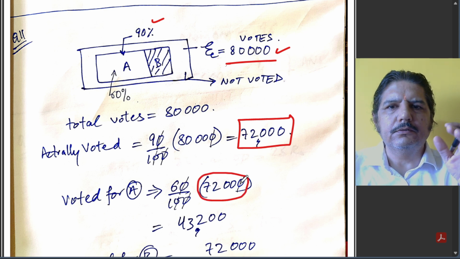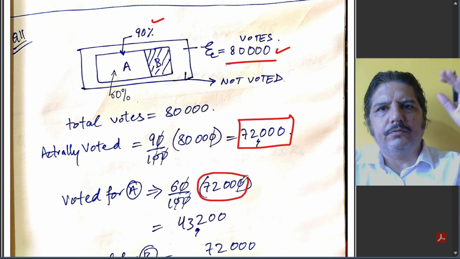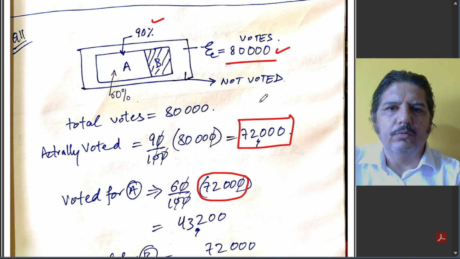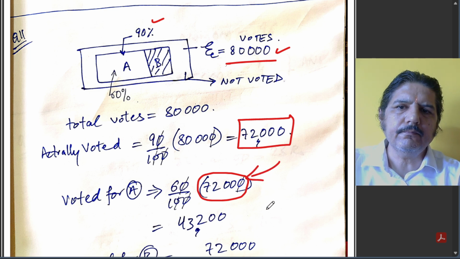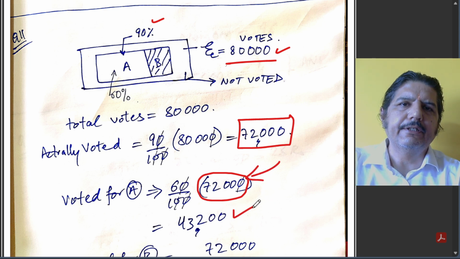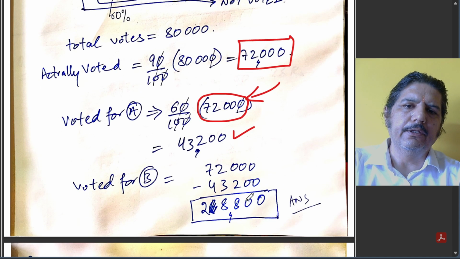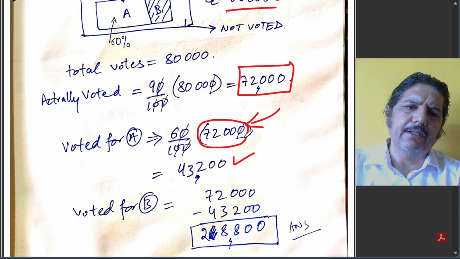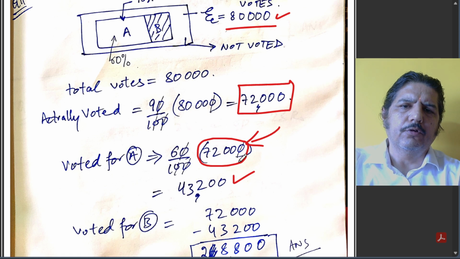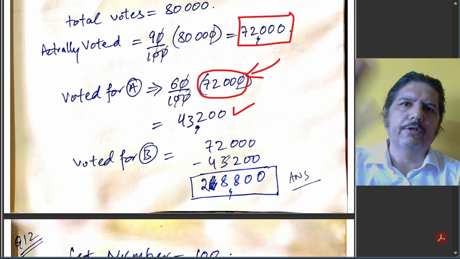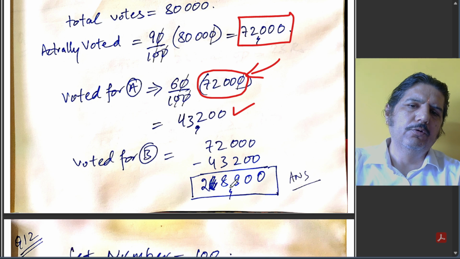Do not find 60% of 80,000, not the total, only 72,000. So voted for A would be 43,200, and voted for B would be, another way of looking at this, from 72,000, voted for A is 43,200, so voted for B would be equal to 28,800.